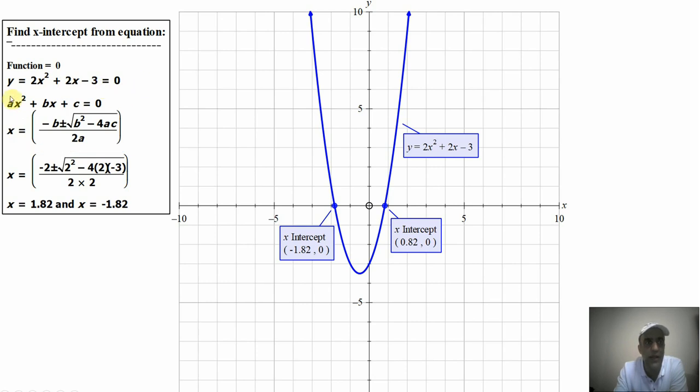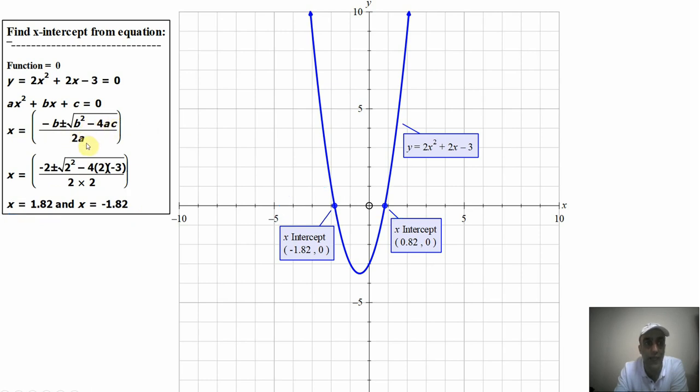I put in the numbers: a is 2, b is 2, c is minus 3. I put all the numbers here, and because of the positive and negative sign, we will have 2 answers, 0.82 and minus 1.82. These are the x-intercepts.